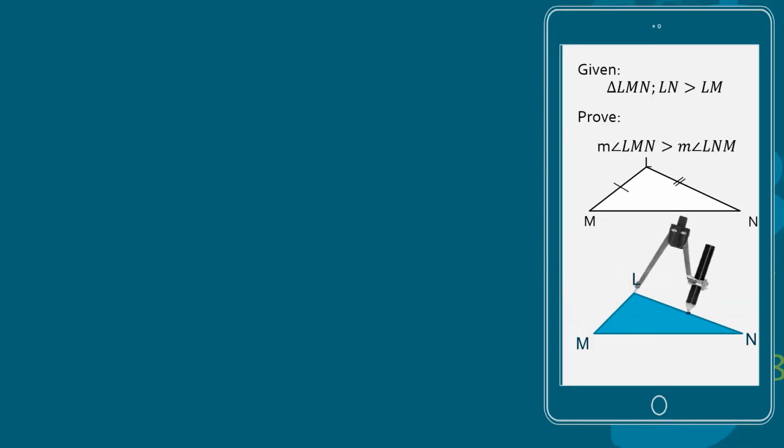And this is now your point P. So next, we have to connect point M and point P with a segment for us to form triangle LMP, wherein LM is congruent to LP. And the angles formed that we need in our proof are angle 1, angle 2, and angle 3.